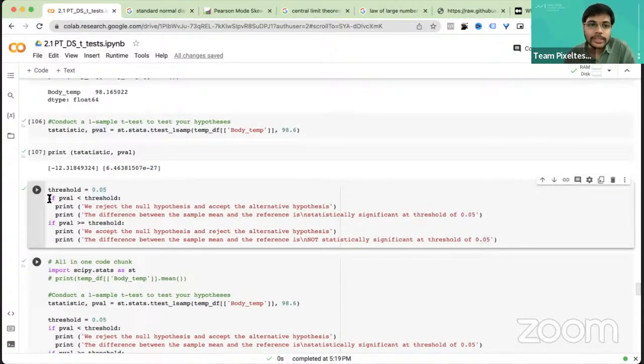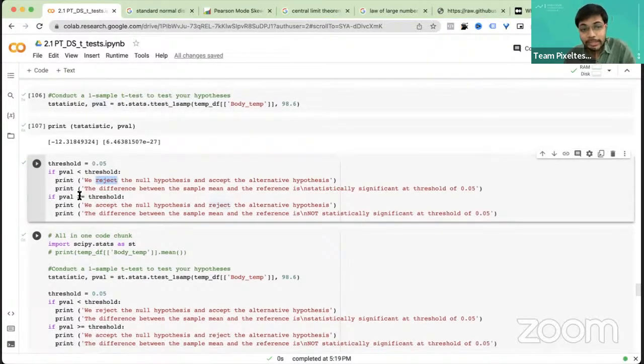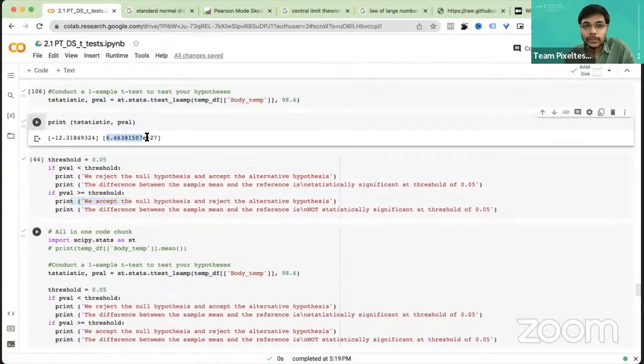Instead of trying to check against the actual number, we directly say that if the p-value is less than the threshold, then reject it. If the p-value is greater than or equal to the threshold, then we accept the null hypothesis, right? You don't actually have to know the actual value. So now if we run this, we'll see if the p-value is less than the threshold or not.